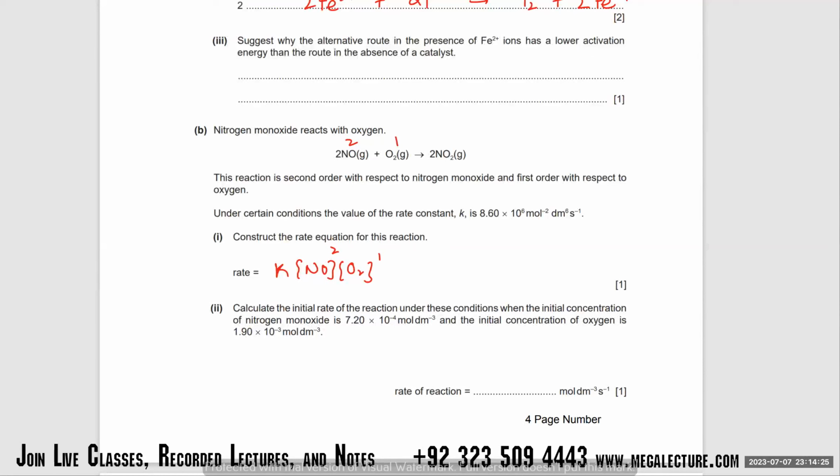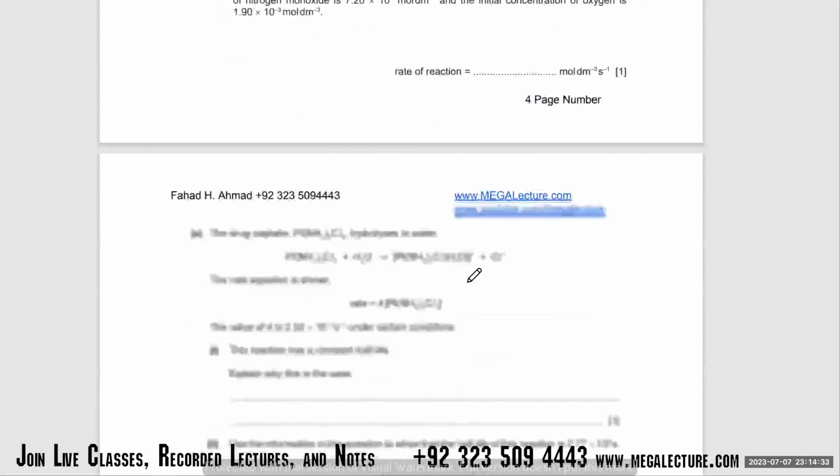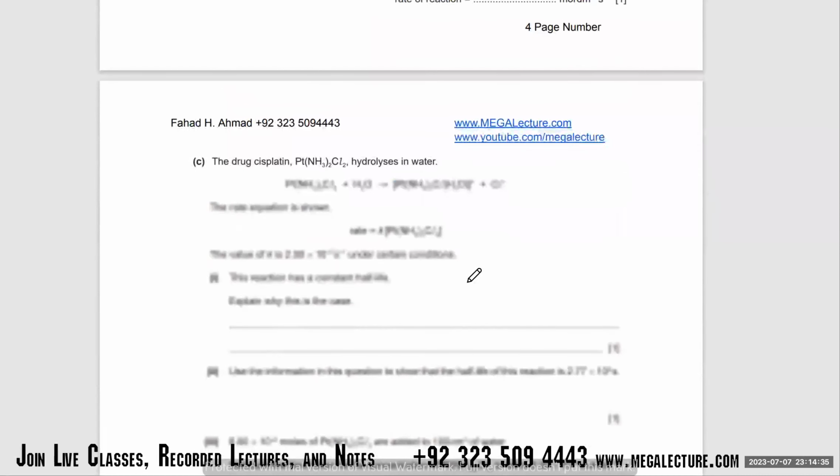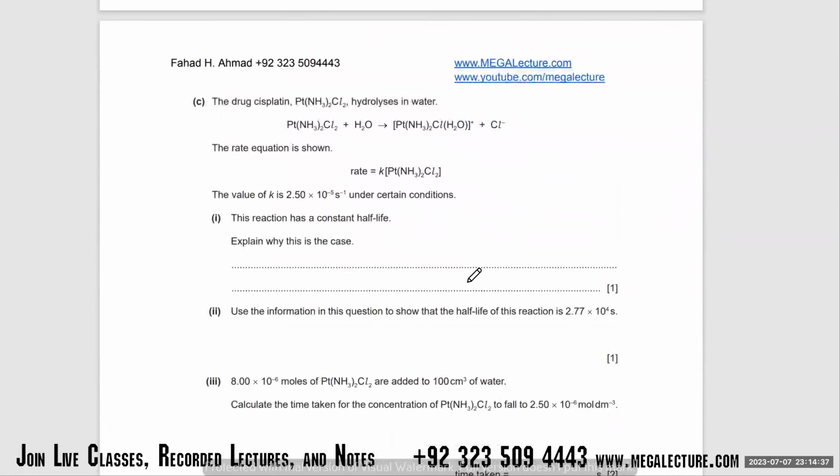And that's your rate, that's the rate for this one. The next one is that he's saying there's a rate equation given for this reaction. Water is not involved in the rate equation.